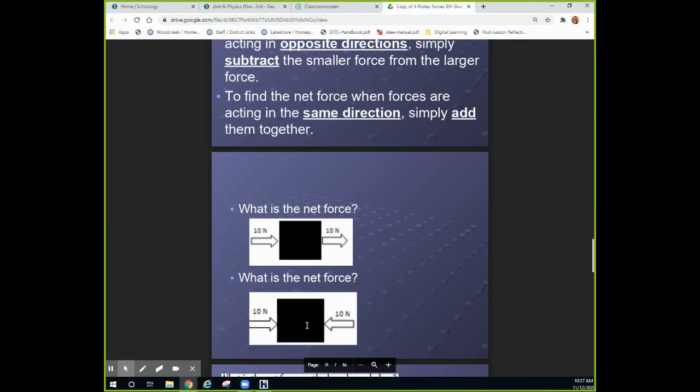So when you have a balanced force, a net force of 0, there is no movement. Movement can only be caused by unbalanced forces. So the first example has a net force of 20 newtons. It is not balanced. All of the force is being applied one way. So the box is going to move in that direction.